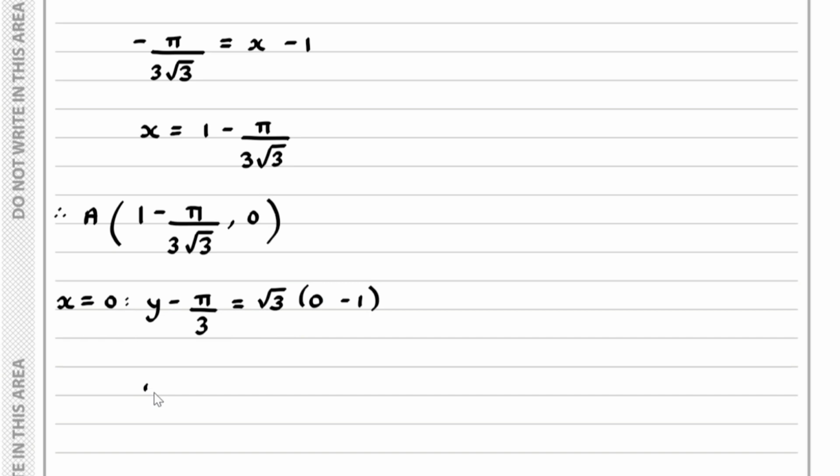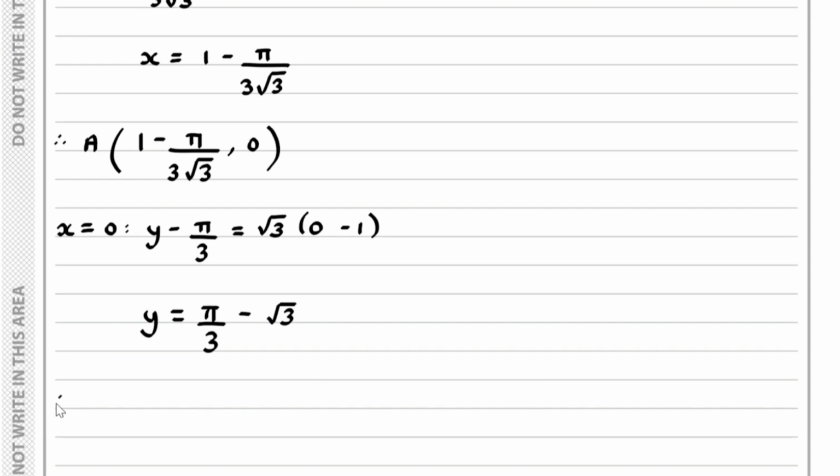And so y is equal to pi over 3 minus root 3. So the coordinates of B then, we've got 0, pi over 3 minus root 3.